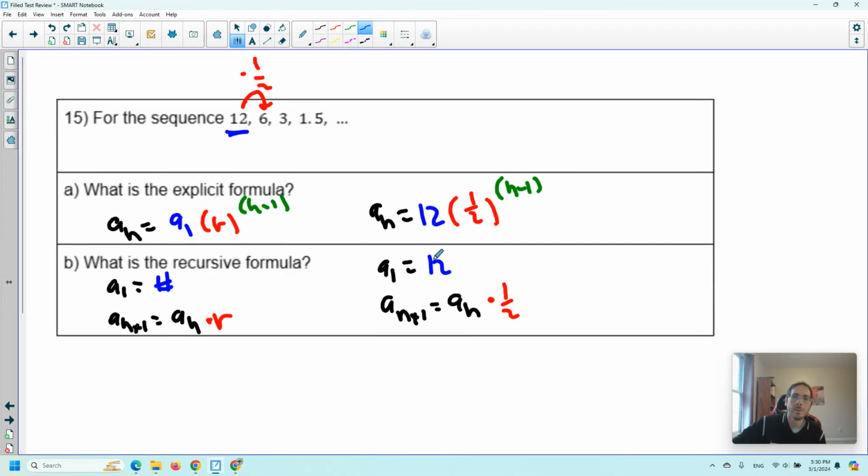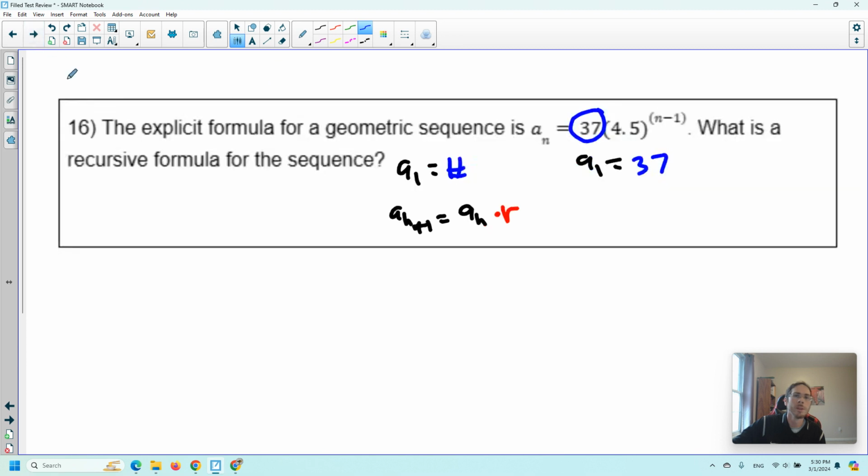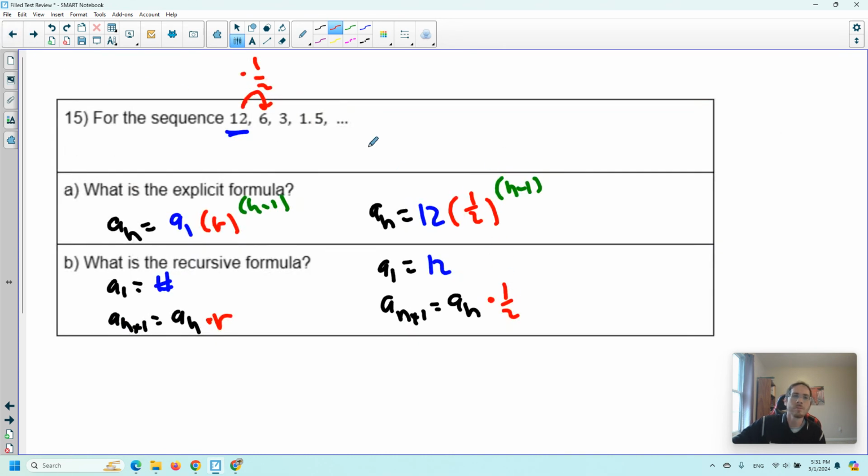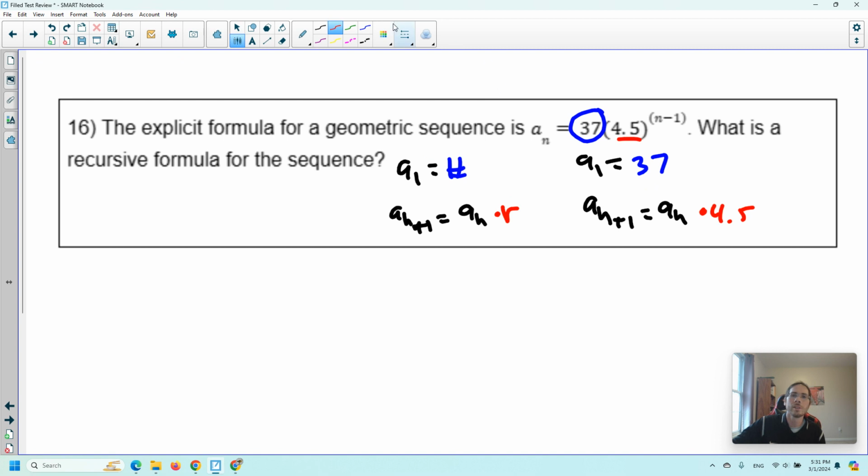We can see we did the same thing. So those were both 12. Now these are both 37. And at the bottom, A sub n plus 1 equals A sub n times 4.5. And again, we can see that's the same. Those two are the same thing. And that's it. We're done. So again, we just want to get the formula. That's the formula.